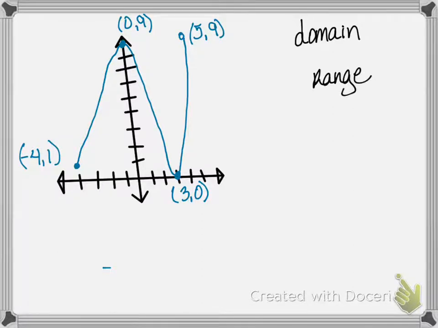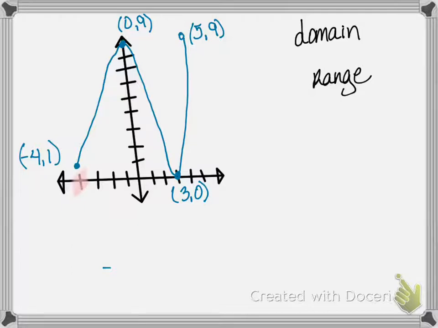Now, domain is only our x values. The point that I have furthest to the left is this point right here. What is my x value in that point? -4. Good.